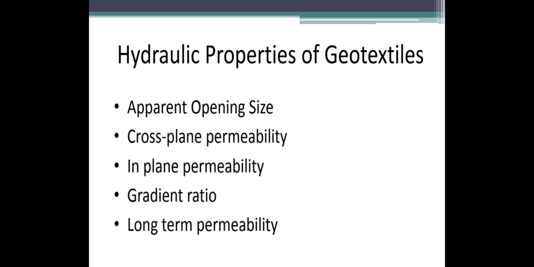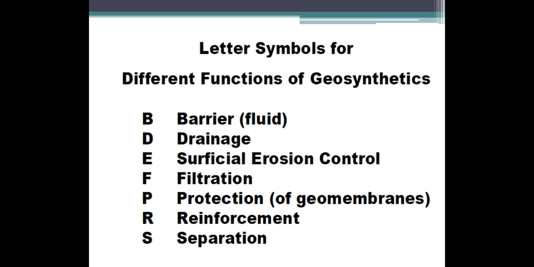Cross plane permeability matters when we are using it as a filter material, that is, the flow of water through the geotextile material. In-plane permeability is very important when we are using geotextiles as a drainage material. A gradient ratio test is also there, and a long term permeability test can also be done.